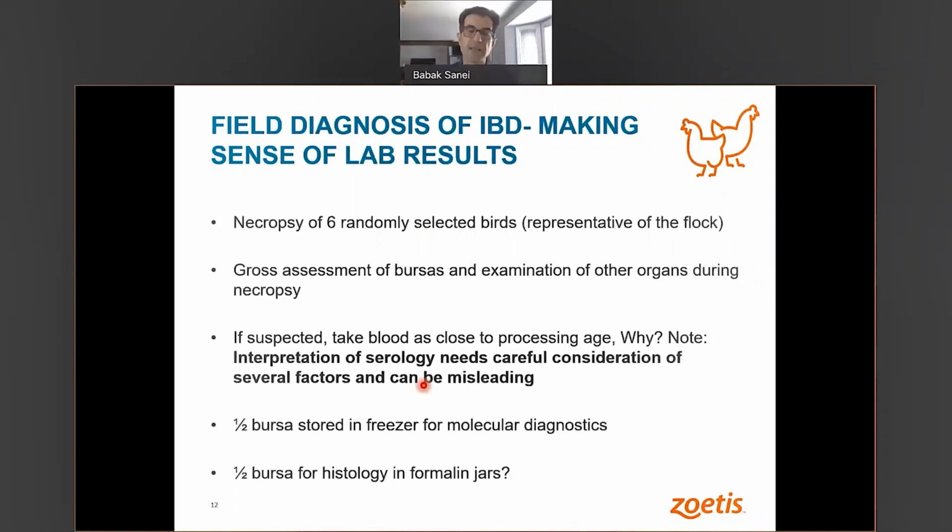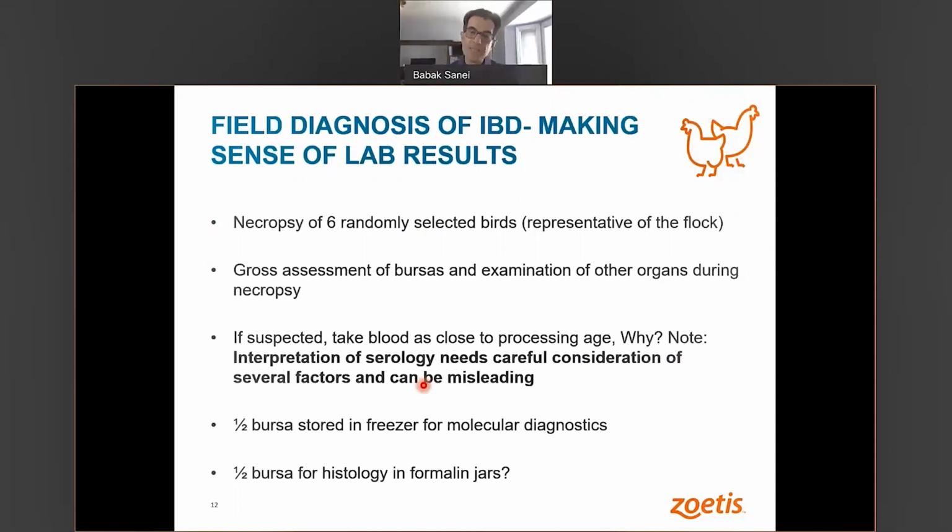One of the factors that will be very important in whether or not you see a titer in the serology result is at what age the flock is infected. So let's say your broiler flock is infected with IBD today, you go 3 days after and take some blood sample, send it to the lab, it may come back as negative.